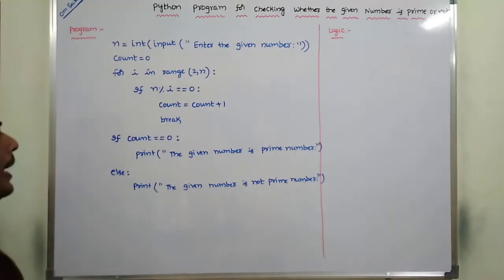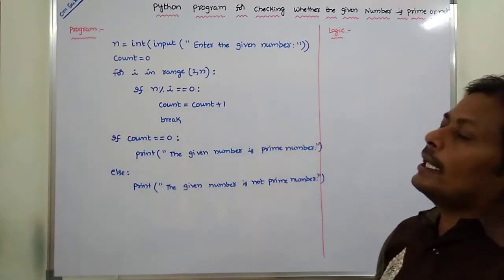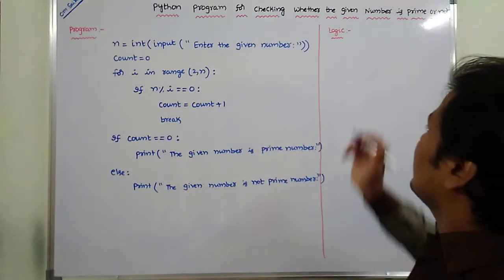Here, what is the syntax of the for loop?